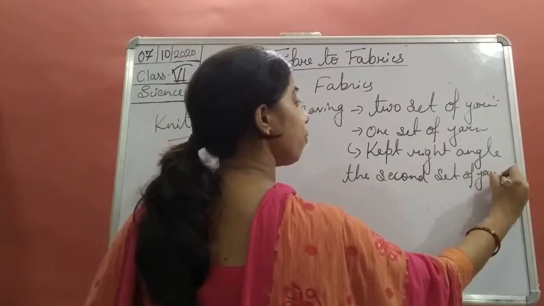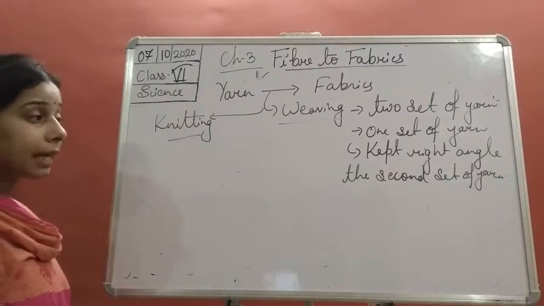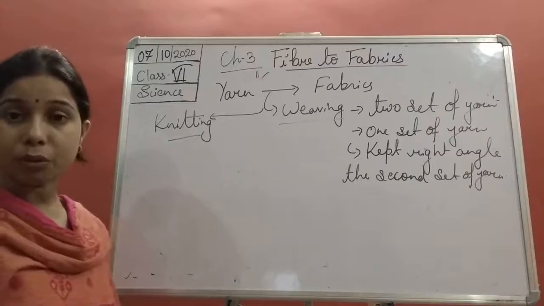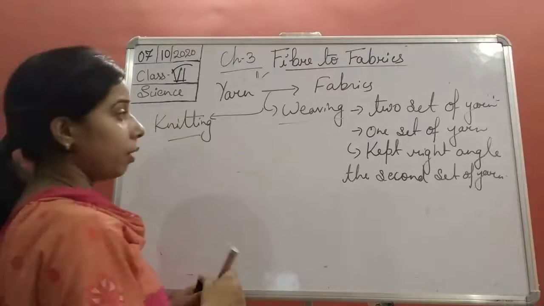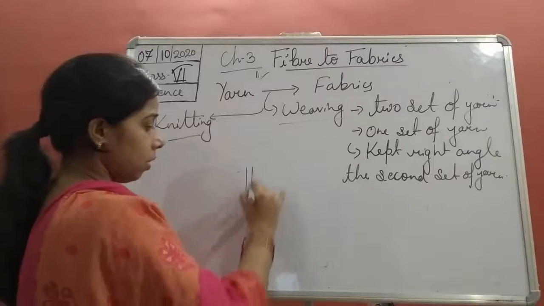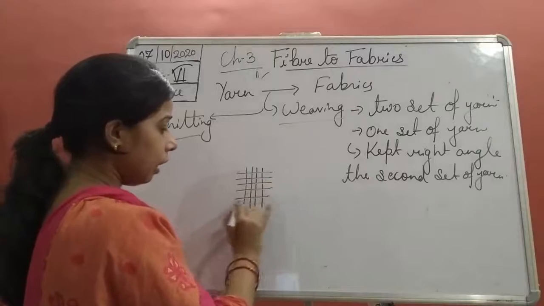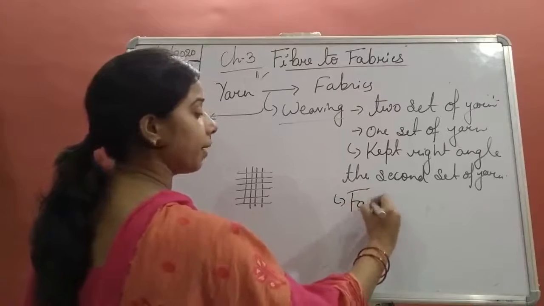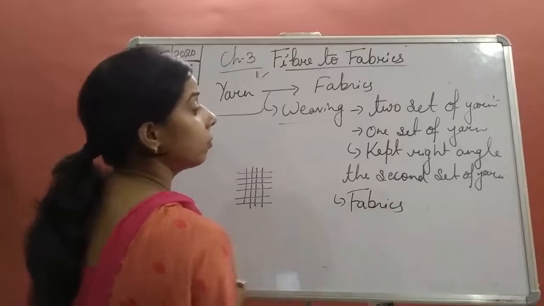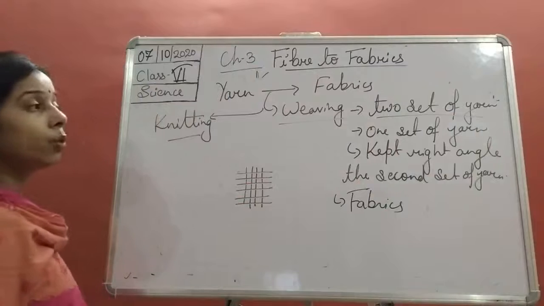Then you will see that they are at right angles to each other, and finally it will help in the formation of the fabric. The most important thing is that it needs two sets of yarn.